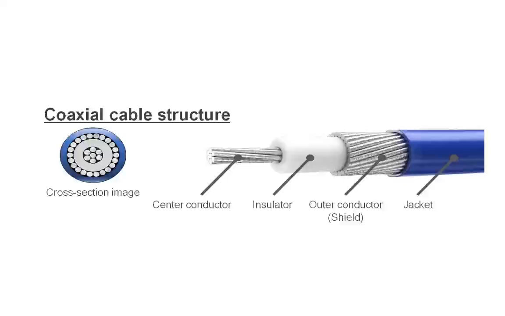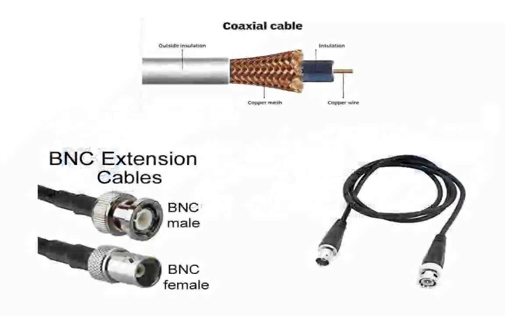Now we will see how the coaxial cables are connected with their connector. This cable connector is called BNC connector. One type is BNC male, another one is BNC female. This connector is connected at the end, or termination, of each of the cables.